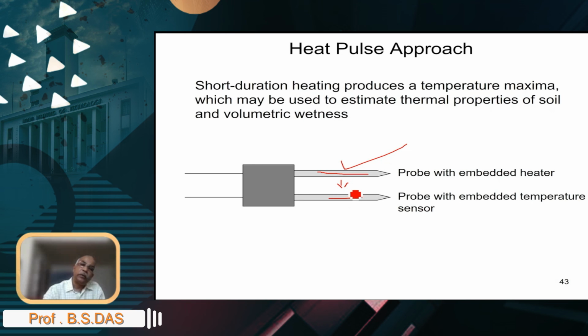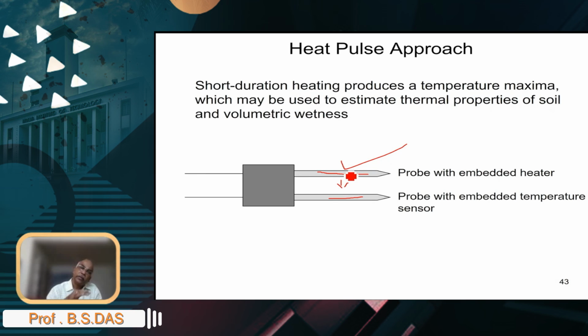And typically you do a pulse heating, that means you heat it for a fixed short amount of time. It's around 6 to 8 seconds, and then you cut off that energy source.